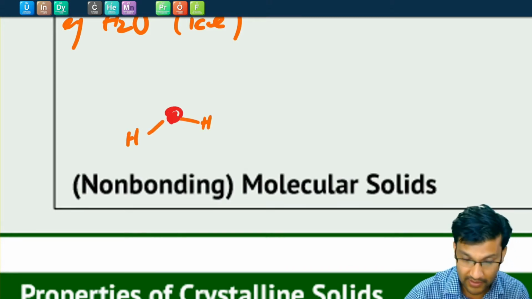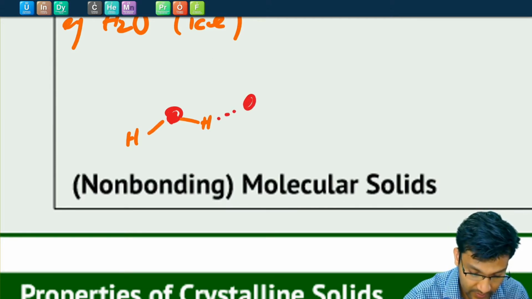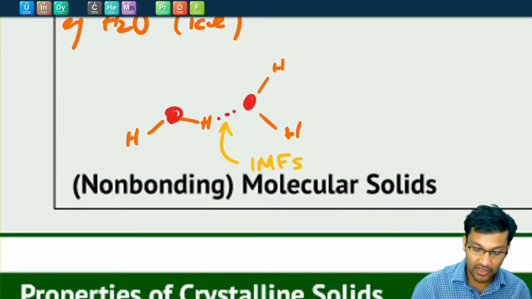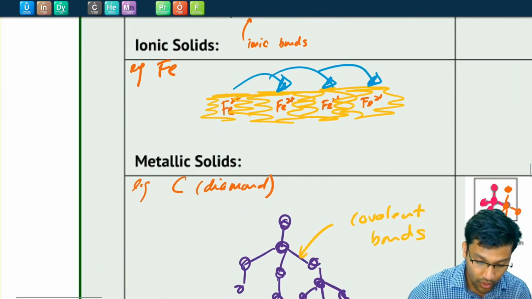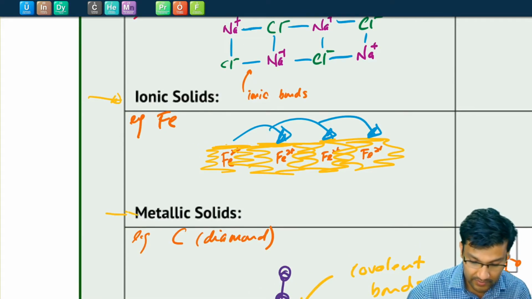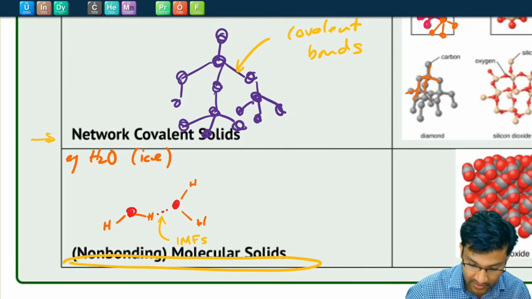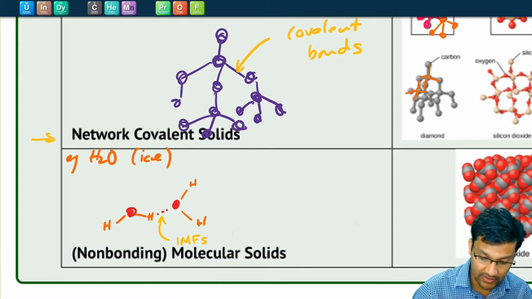We know that this water has hydrogen bonding, so this hydrogen will be bonded to some other oxygen, with hydrogen, hydrogen, and this sort of repeats, but it's held together by intermolecular forces, in this case hydrogen bonding. So those bonds are going to be much weaker than in network covalent solids or in ionic solids, and sometimes even in metallic solids, right? And that's why these substances, non-bonding molecular solids, would typically have very low melting points, like ice.